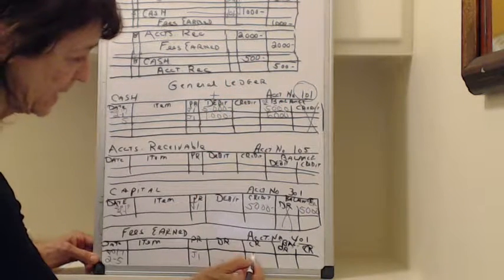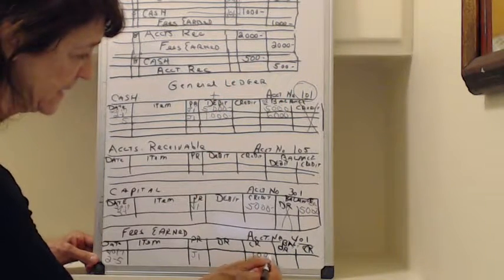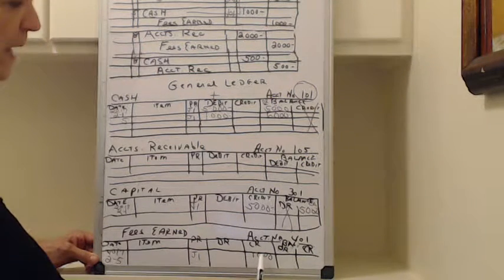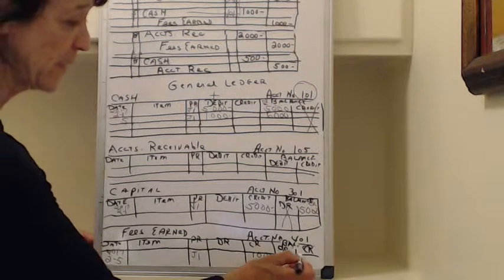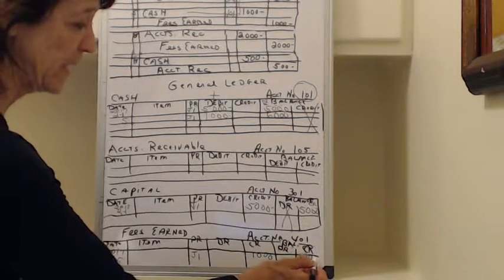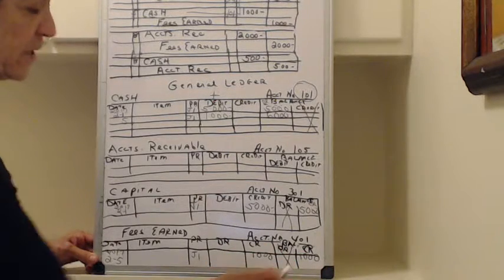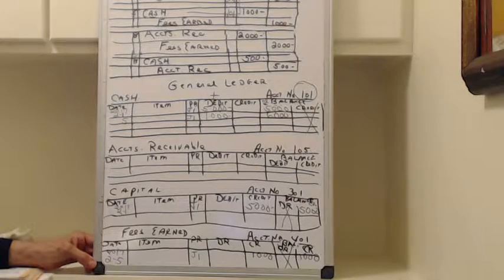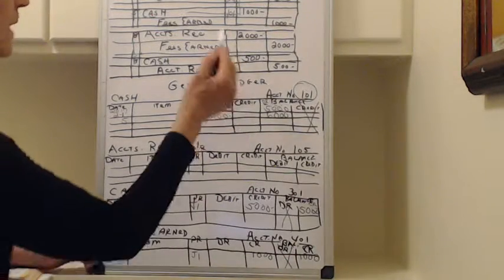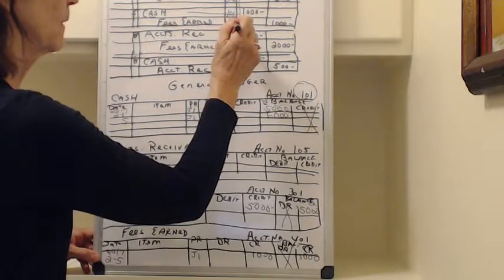I'm going to the credit column, I'm going to put 1,000 in it, and I'm going to show that that is currently my balance, a credit balance of 1,000. Fees revenue does not have a debit balance. It will only have a credit balance. I'm going to put 401 in the post reference.